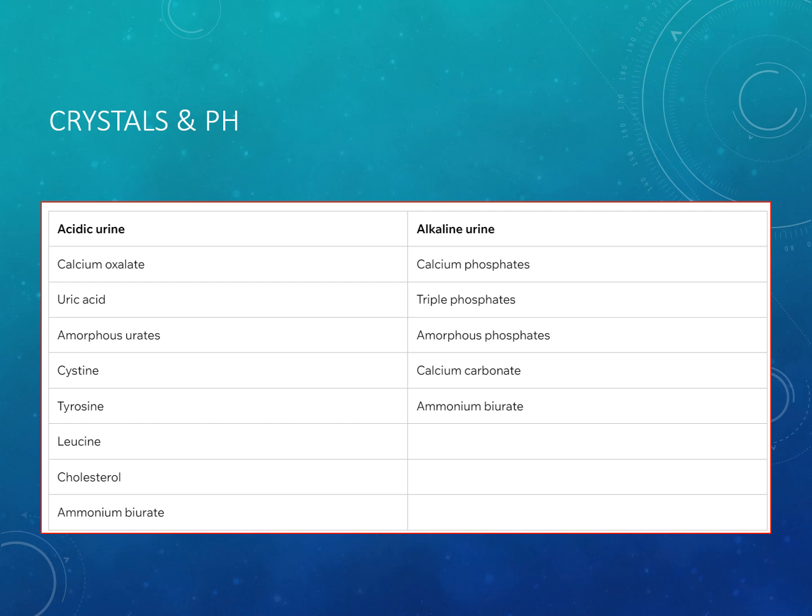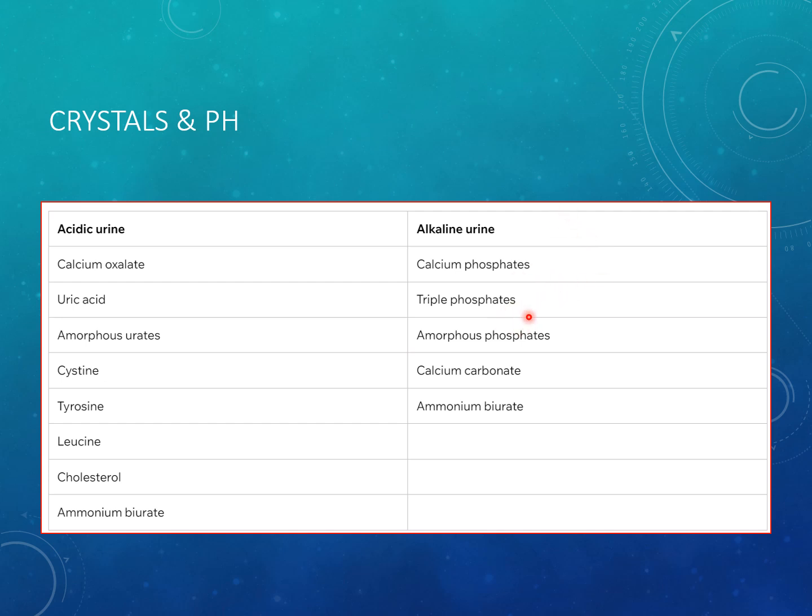Okay, so let's take a look at which crystals form in which pH. Calcium oxalates can form in either, just so you know, but calcium carbonate and calcium phosphates form in alkaline urine. Triple phosphates, which are also struvites, the same thing with a different name, also form in alkaline urine. And we know that bacteria can make urine more alkaline, and then we have the formation of these types of crystals.